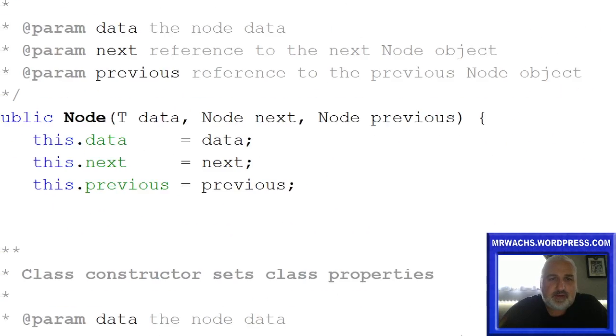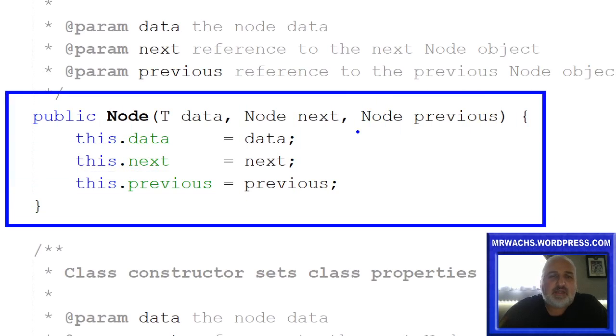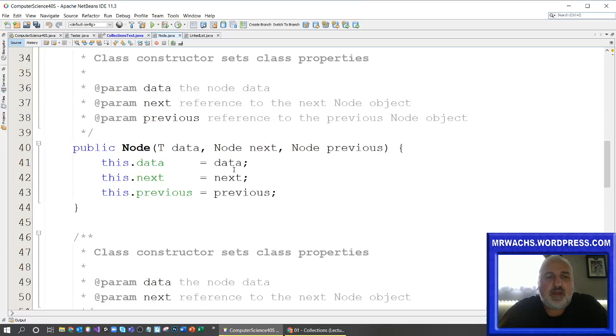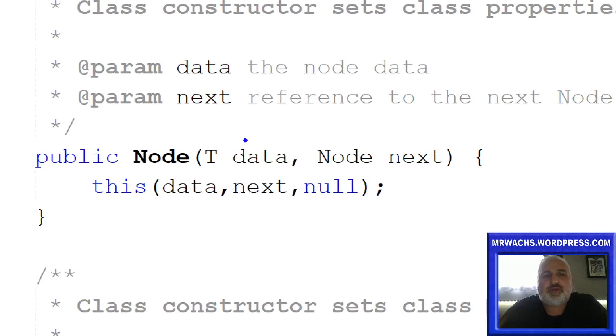We then made a node constructor. The way the node constructor worked, which you can see right here, is I pass it the 3 parameters, data, next, previous, and then assign them to this object. So this particular node object gets assigned all the parameter data. We then overloaded the constructor with a second constructor, which only has 2 parameters, not 3, just data and next.